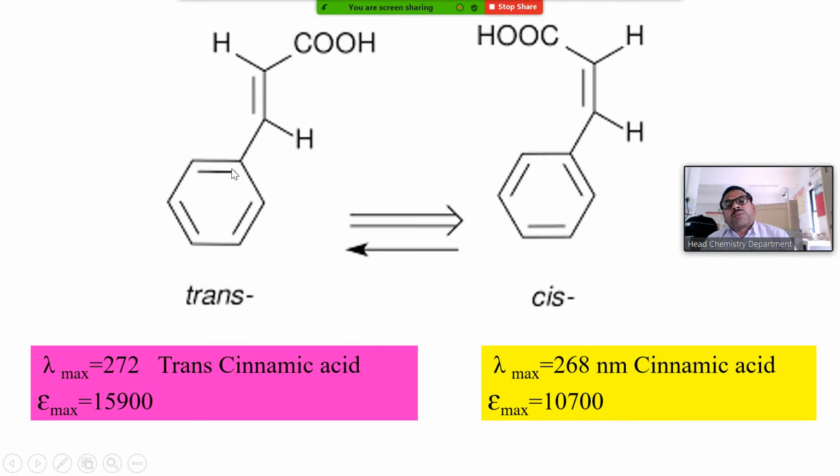When same priority groups are present on the same side of the double bond, it is called a cis compound, and if they are on different sides, it is called a trans compound.